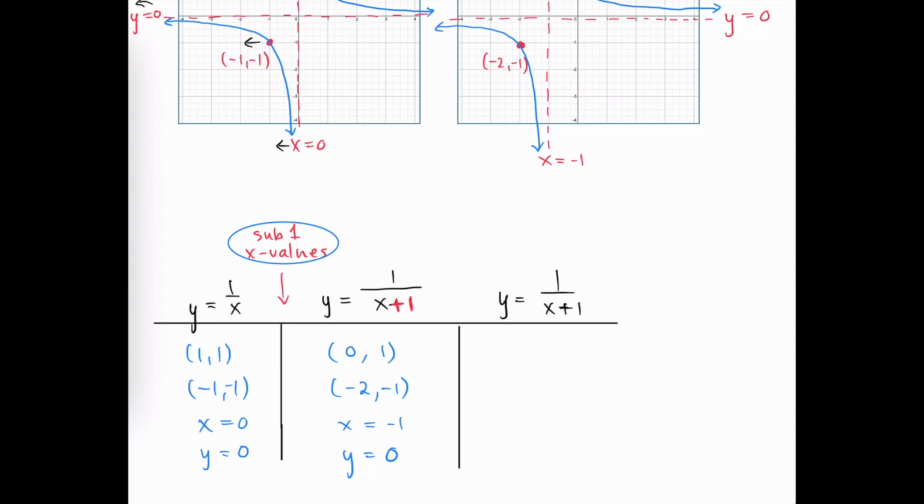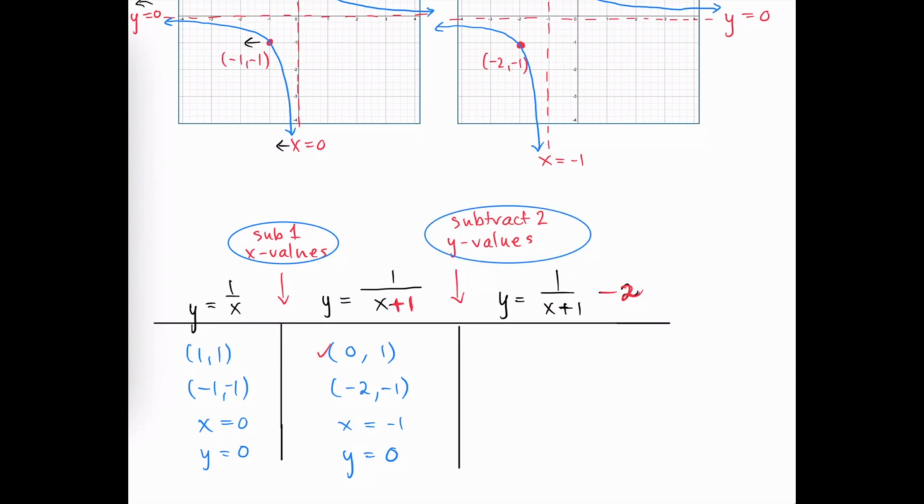Continuing from where we left off, the next thing that we want to do is the -2 on the outside. And this outside transformation is going to affect the y coordinates of the ordered pairs in a logical way. So we see a -2 out here, and that's exactly what we're going to do to the y values. We're going to subtract 2 from the y coordinates of these ordered pairs. And when we do that, we're not going to change the x coordinates at all.